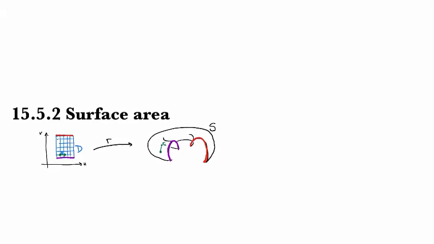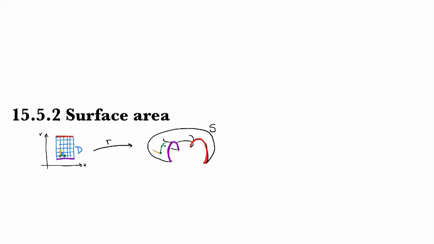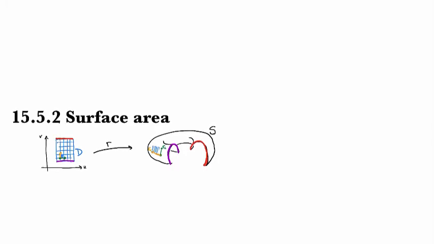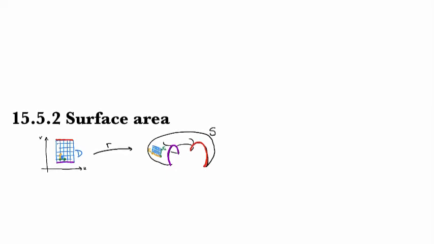And if we go a little bit in the positive v direction over here, well, it's a little shaky there, that's going to be R_v, the partial derivative going that direction. And then there's going to be this little patch of area mapped here.